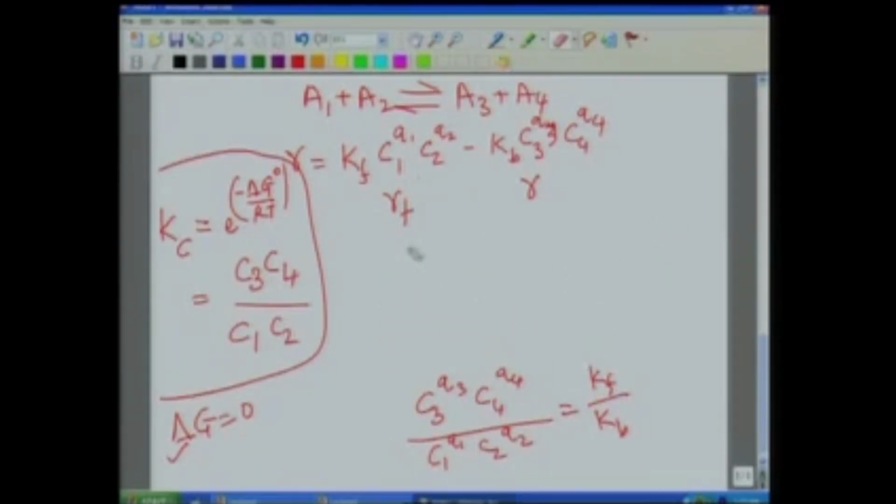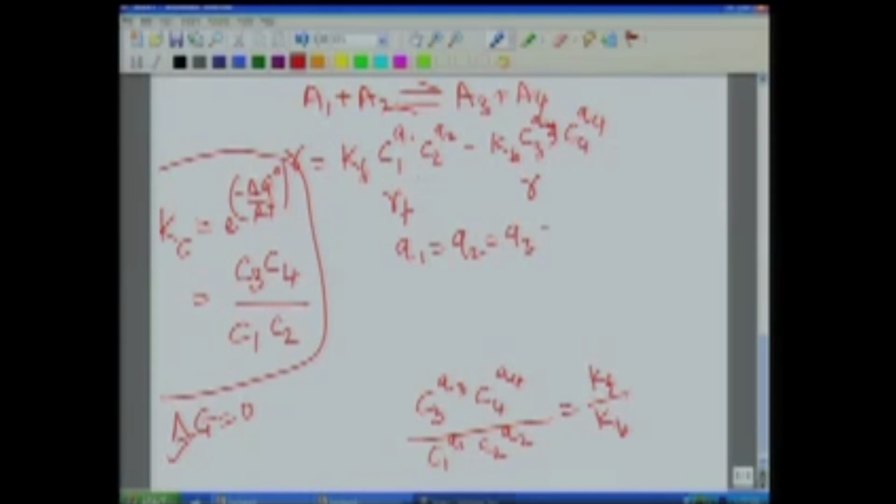We can choose all of Q1, Q2, Q3, Q4 as unity, and then this will become C3 C4 divided by C1 C2, which is Kf by Kb, which is the constant Kc.